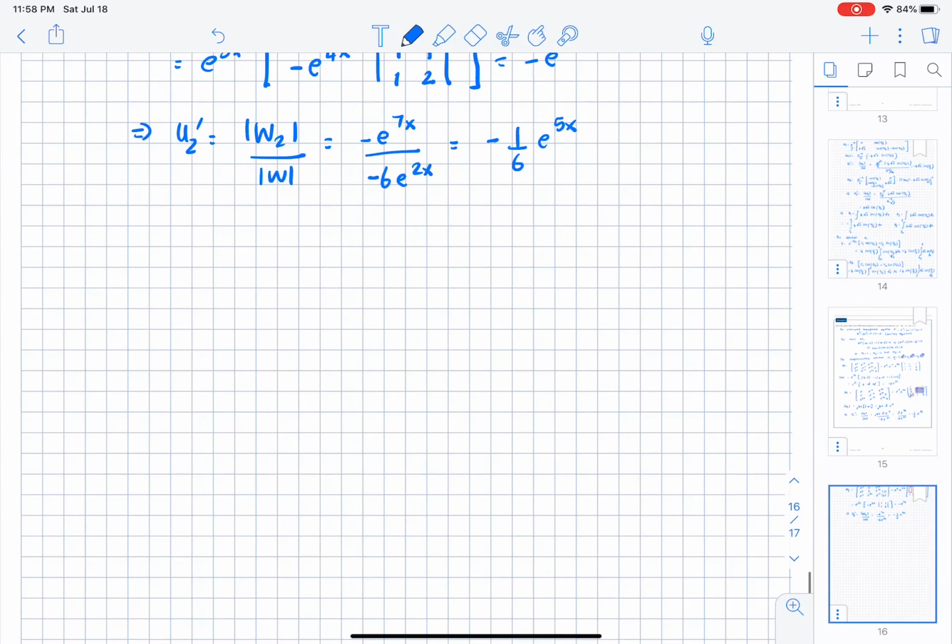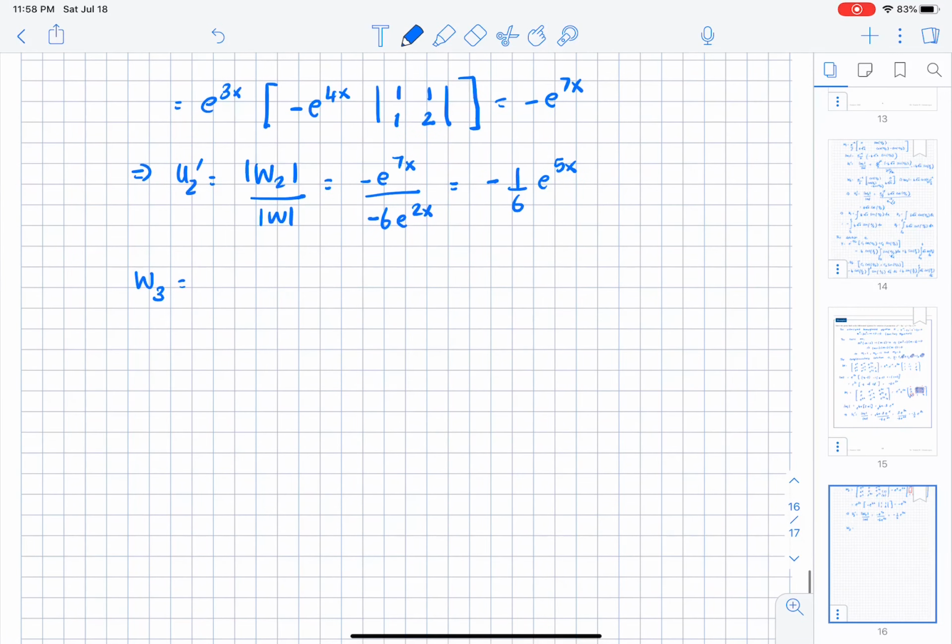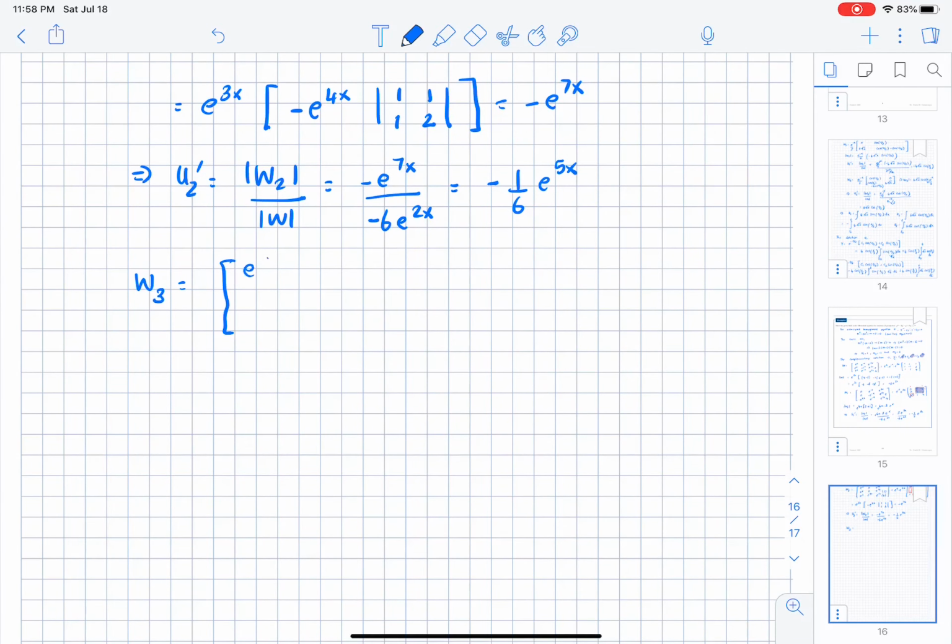And lastly, W3 would equal e raised x, e raised x, e raised x, e raised minus x, minus e raised minus x, e raised minus x, 0, 0, e raised 4x. Now we are looking at that row, that column, so the cofactor matrix would be that.